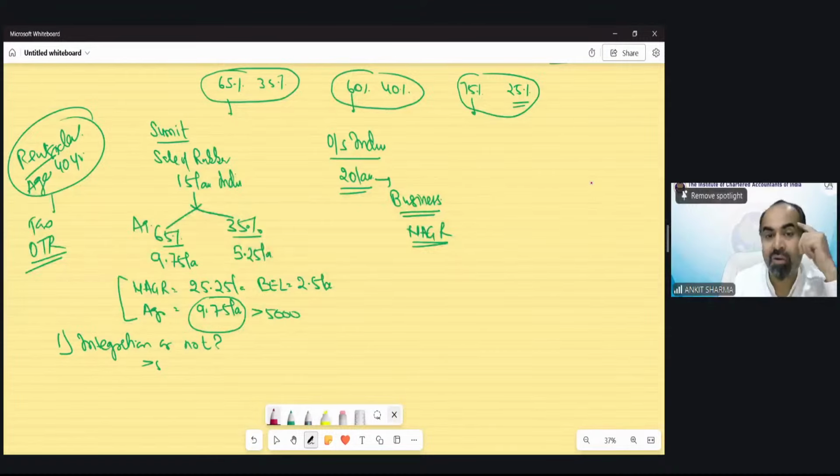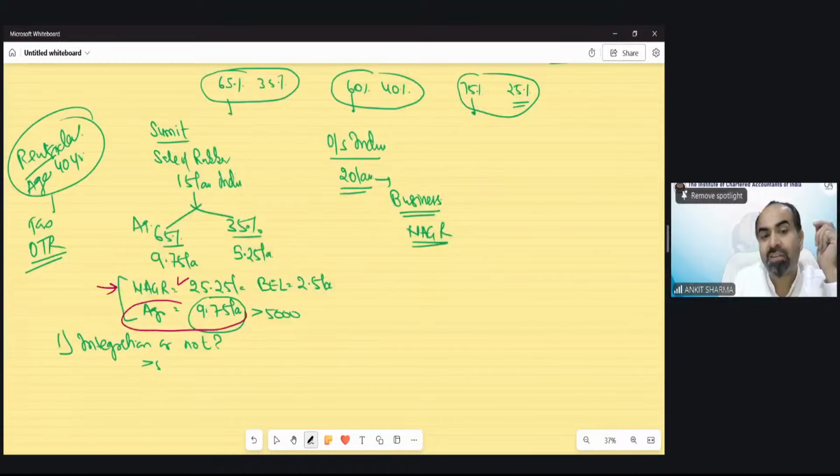You cannot calculate tax directly on 25.25. You cannot assume this is agricultural income exempt from tax and just calculate tax on 25.25. Do not do this. This would result in a wrong solution. So integration is applicable, and accordingly, step number 1 would be tax on full income.